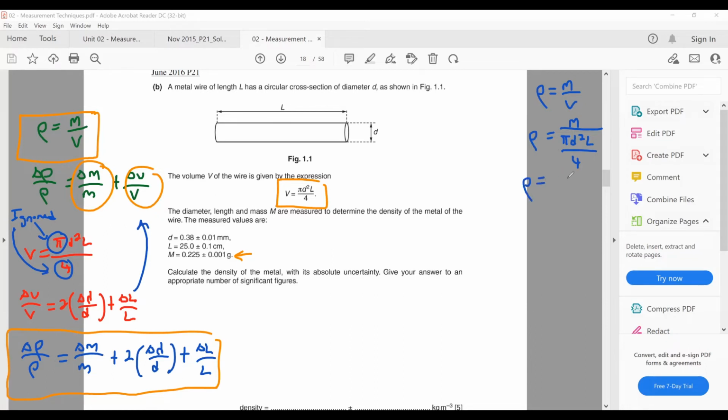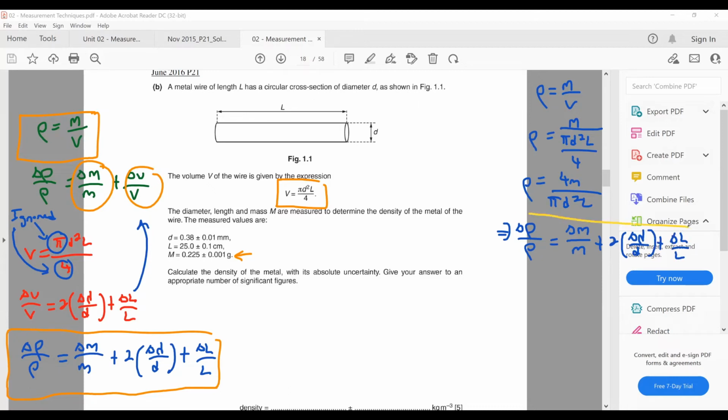So this one is now 4m over pi d square L. From here, it's easier to see that the fractional uncertainty of density is the fractional uncertainty of m plus 2 times the fractional uncertainty of d plus the fractional uncertainty of L.